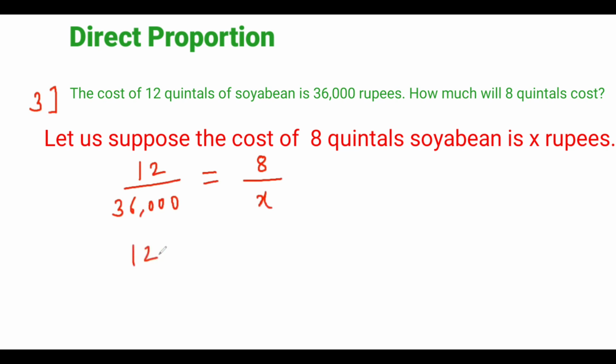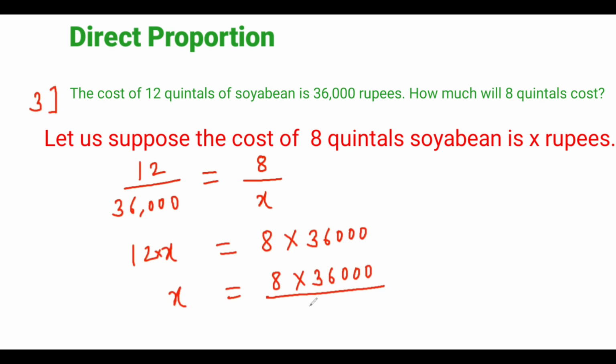After cross multiplying we will get 12x is equal to 8 into 36,000, and so x is equal to 8 into 36,000 upon 12, where 12 on that side becomes divided. We will get the answer of 3000 after dividing by 12.